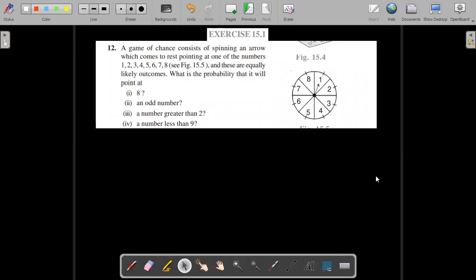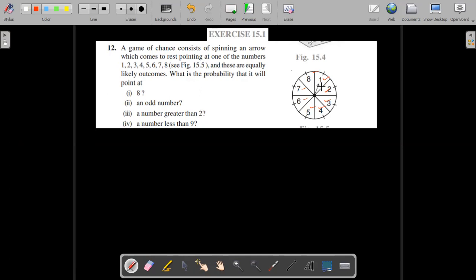Okay. The question is, a game of dance consists of spinning an arrow which comes to rest at one of the numbers 1, 2, 3, 4, 5, 6, 7, 8.